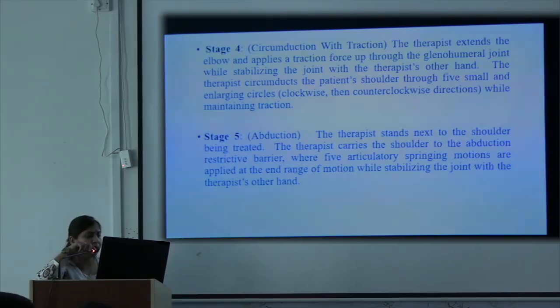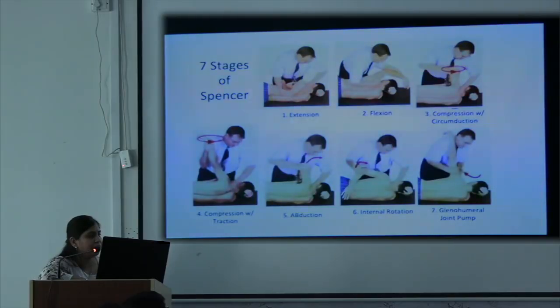The fifth stage is the abduction. The therapist stands next to the shoulder being treated and carries the shoulder to the abduction restricted area, where 5 articulatory spring motions are applied at the end range of motion while stabilizing the joint with the therapist's other hand. This is the abduction movement.